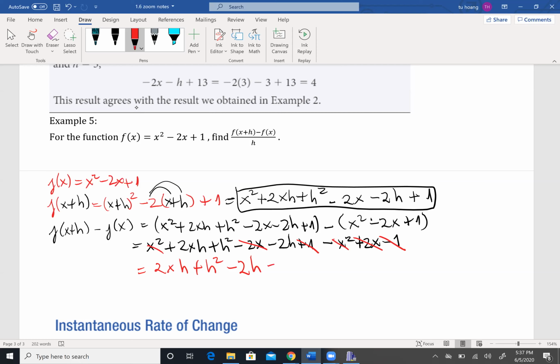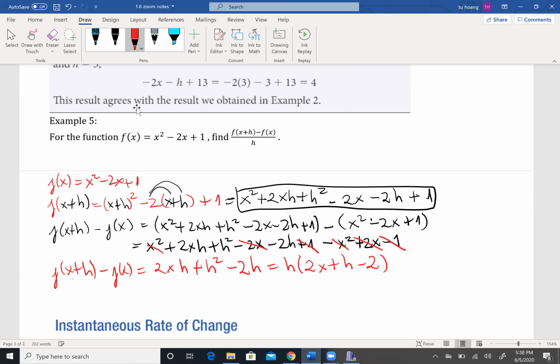Now I would like to factor the h out, because I see that the bottom of this form has h. So I need to factor h out so later I can cancel it. So h times (2x plus h minus 2), right? That is f(x + h) minus f(x).